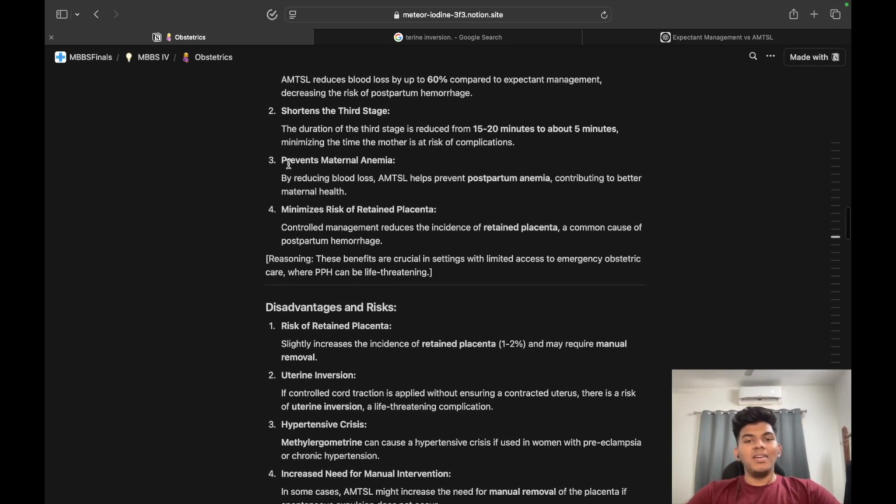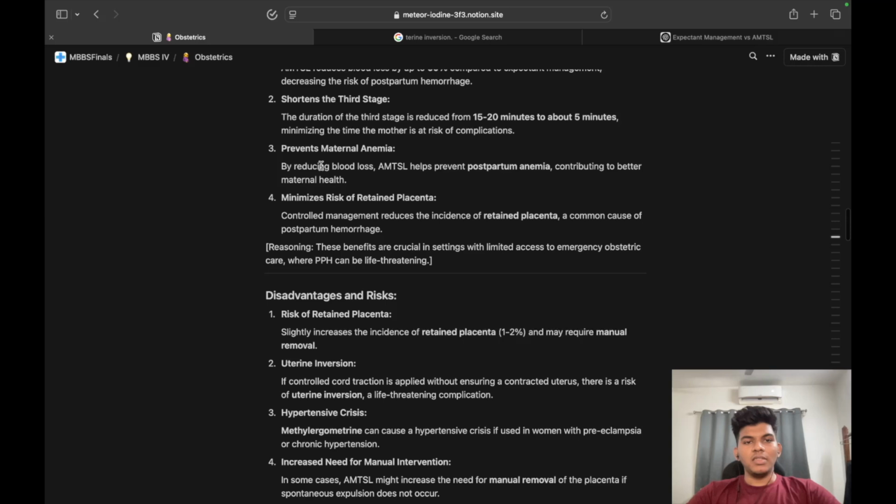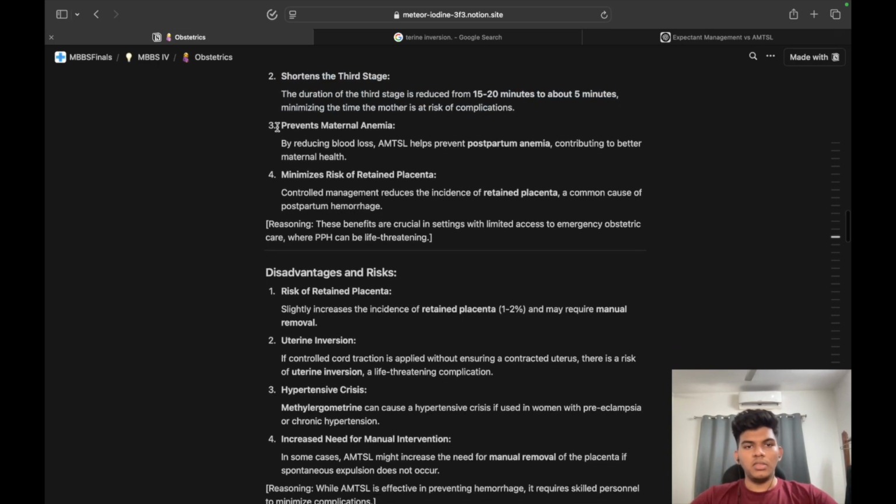Minimizing the risk of complications: since you have a lesser time duration, the window wherein everything can break loose is reduced, because the time duration itself is reduced.